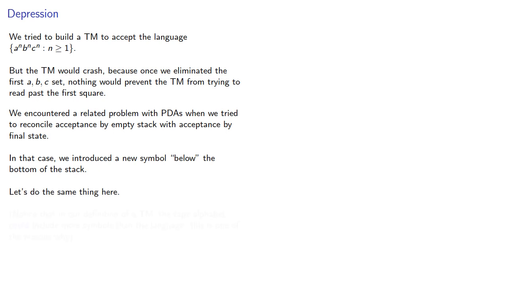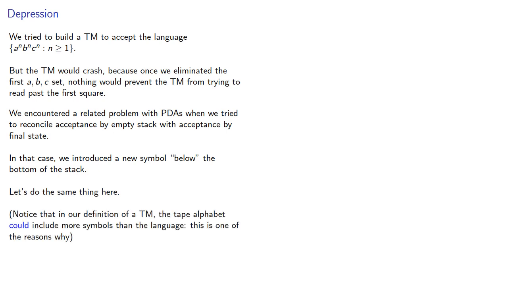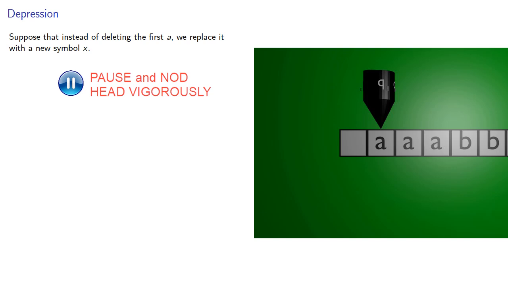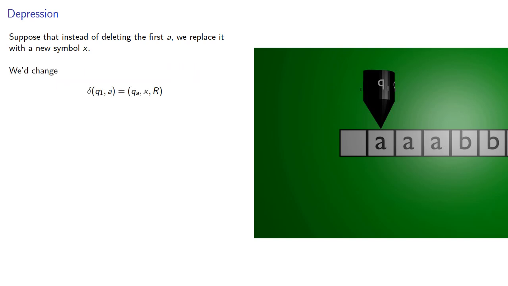And notice that in our definition of a Turing machine, the tape alphabet could include more symbols than the language. This is one of the reasons why. So suppose that instead of deleting the first A, we replace it with a new symbol, X. We change the move from Q1, A to Q_A, print X and move right.